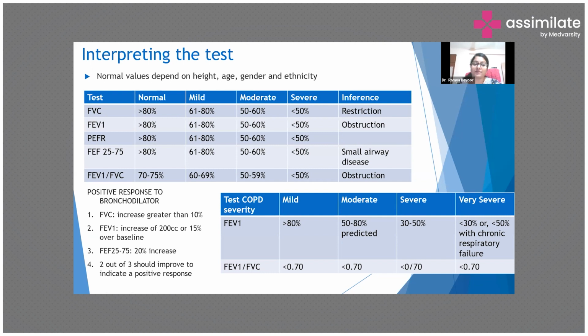It is a positive response if FVC increases by more than 10% of the previous value, or if FEV1 increases by 15% over the baseline, or if FEF 25 to 75 increases by 20%. If 2 out of these 3 are positive, then it is called a positive response to bronchodilator. And this helps us in diagnosing and monitoring especially bronchial asthma.